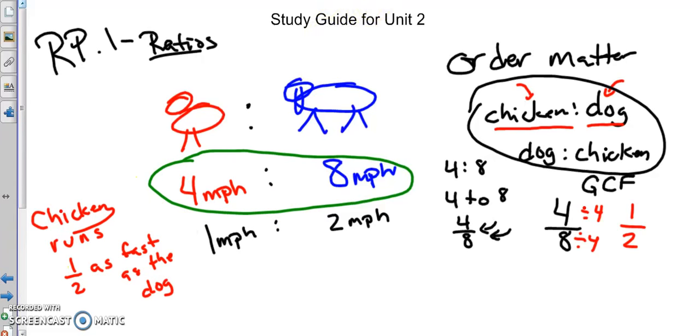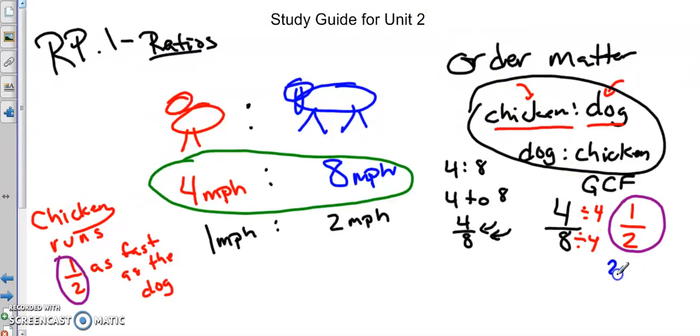And if you notice, this half is the same as this half we wrote here. That compares the chicken speed to the dog speed. So the chicken runs half as fast as the dog. What if we compared it from the dog to the chicken? Well, if we compared it from the dog to the chicken, we'd have a completely different fraction.